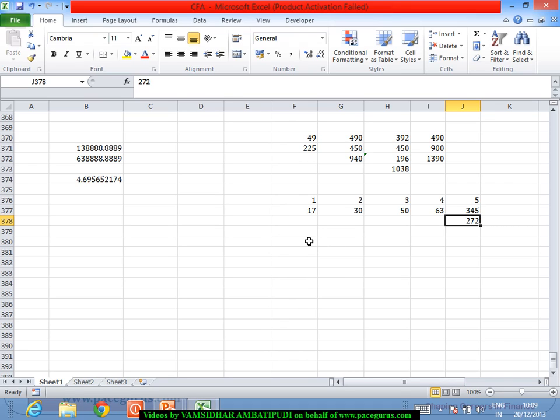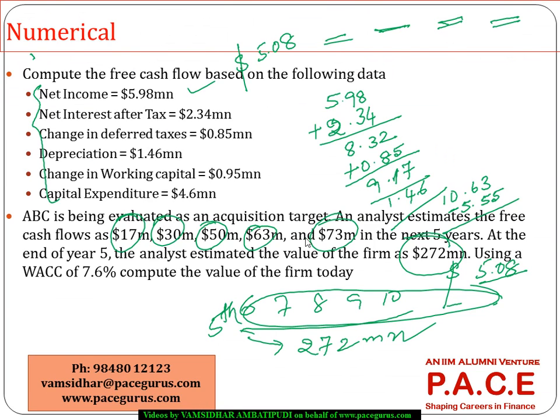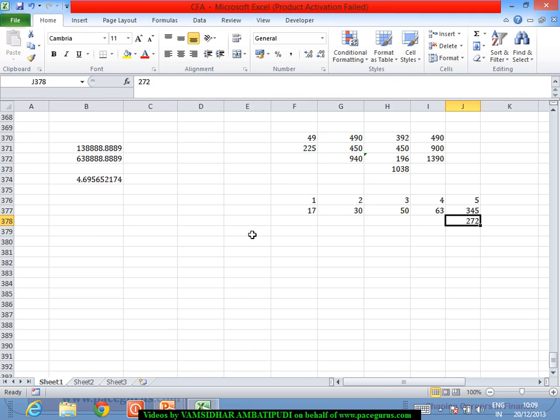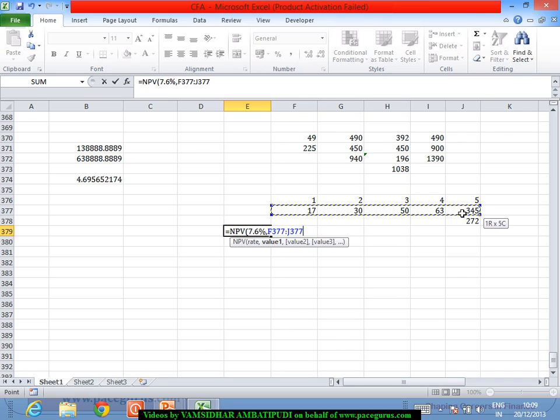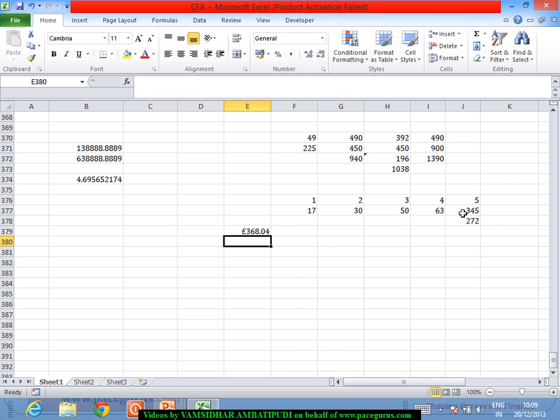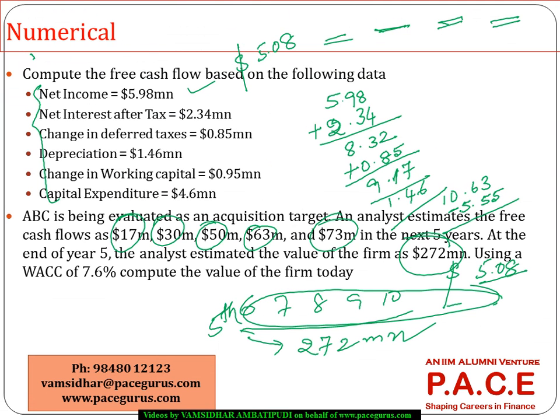So based on this I can very well find out the NPV, which is what will give me the valuation part. The NPV under the rate of 7.6% and assuming these particular cash flows will tell me that the present value of the firm is somewhere around 368 million.